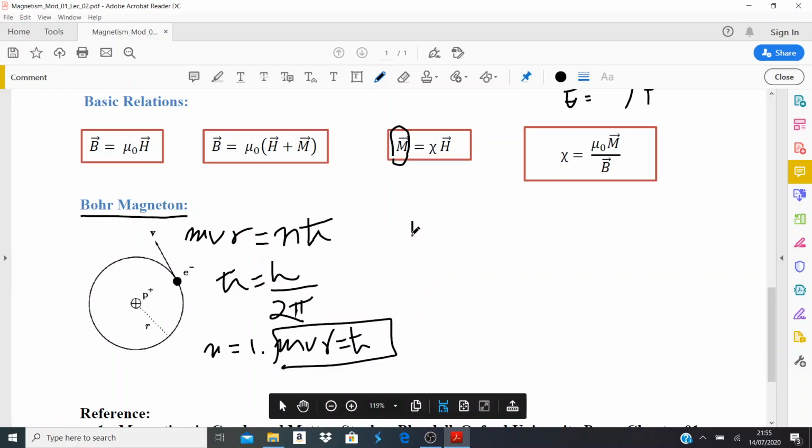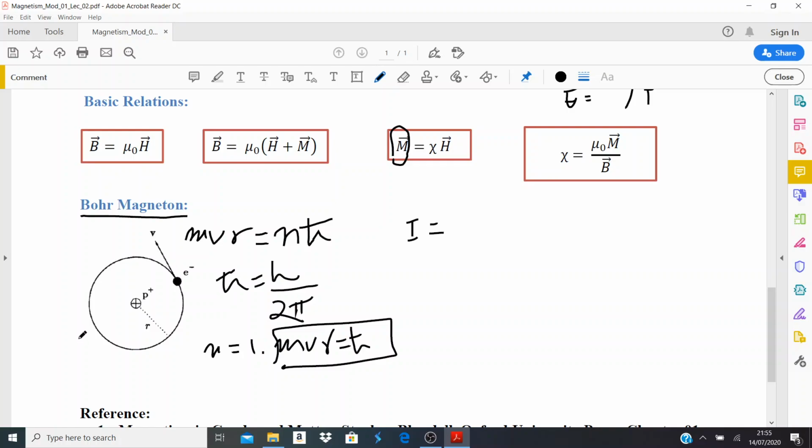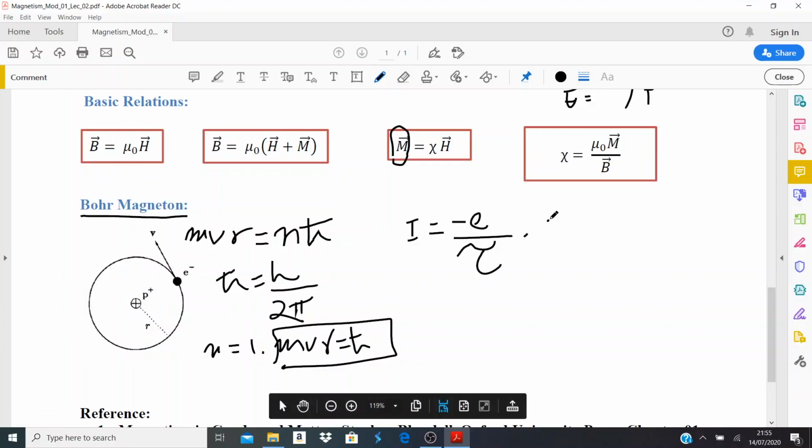To estimate that, we note that the current due to this electron moving in the circular path can be defined as the amount of charge the electron is carrying, which is minus e, divided by tau. Tau is the period of the revolution, that is, how much time it takes to make a complete revolution.